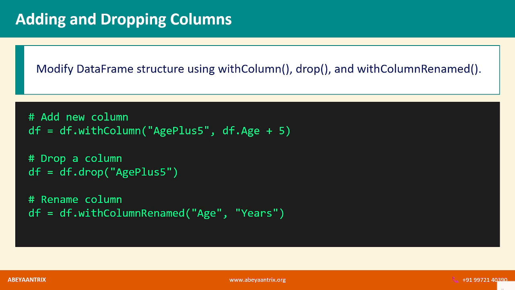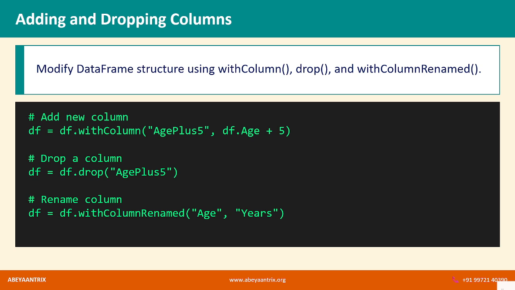You can also modify the data frame structure. You can add a new column, drop an existing column, or rename a column. How do you add a new column? Suppose I want to add a new column named age plus 5. How can I do it? df.withColumn, age plus 5. In this new column what I am giving is df.age + 5.